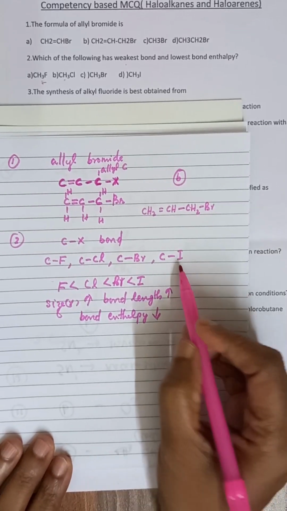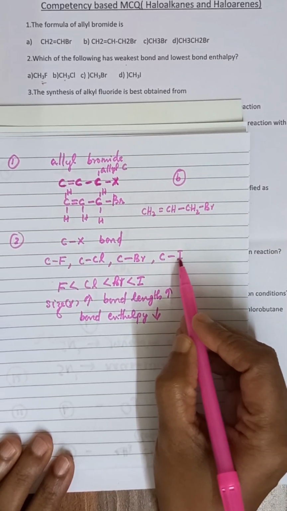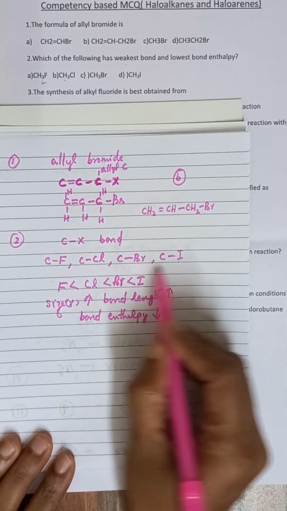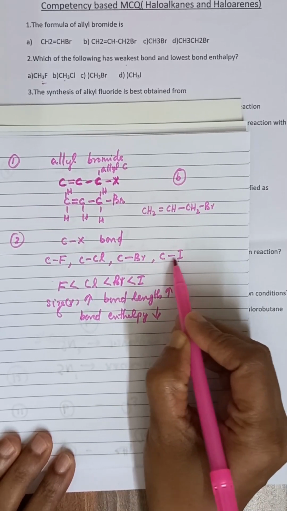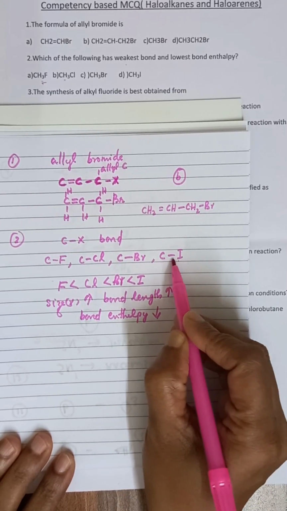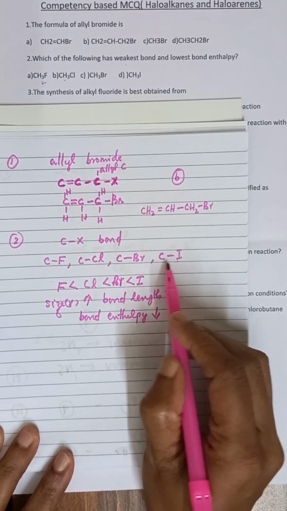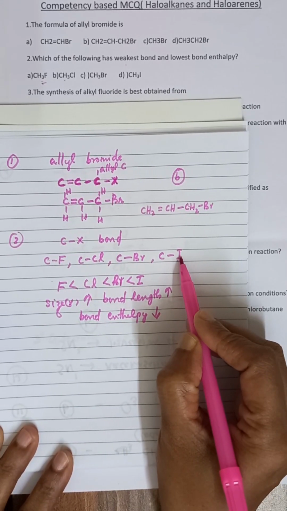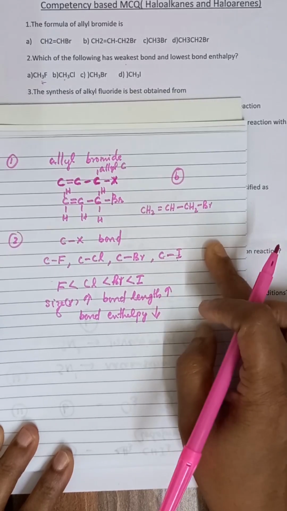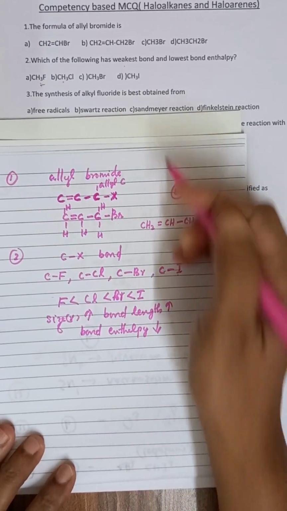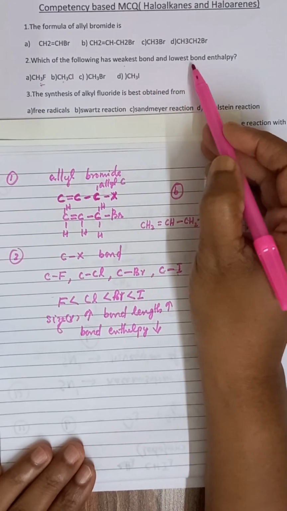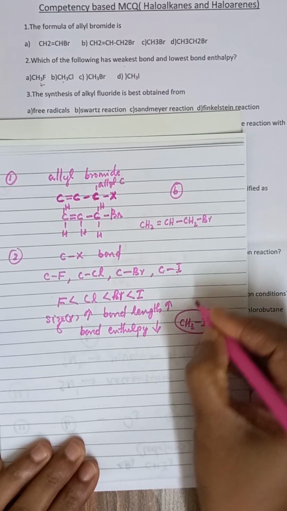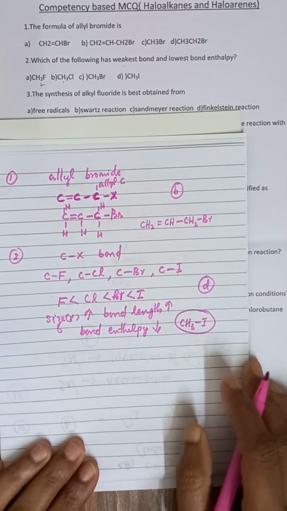So in this case, I has more size and the C-I bond length is more, and bond enthalpy in this case is less. So the C-I bond enthalpy is the lowest. So the C-I bond can be broken very easily. So in this case CH3I is having the lowest bond enthalpy. So option D is the answer.